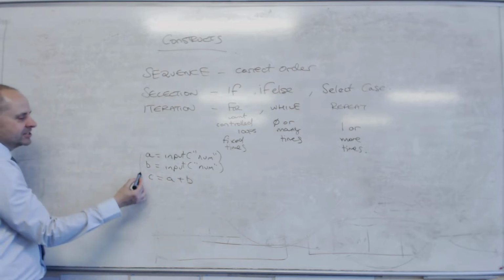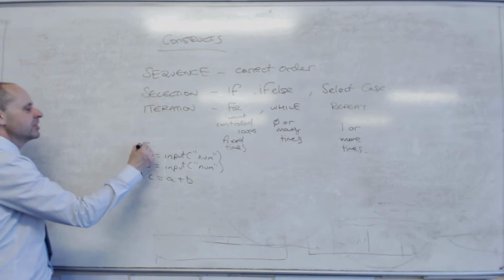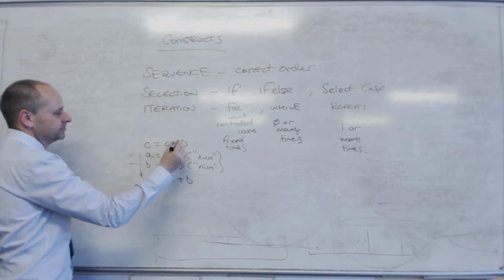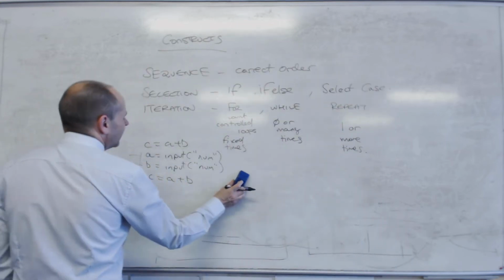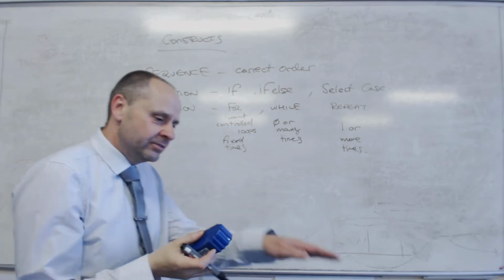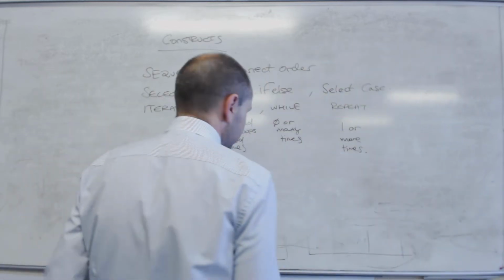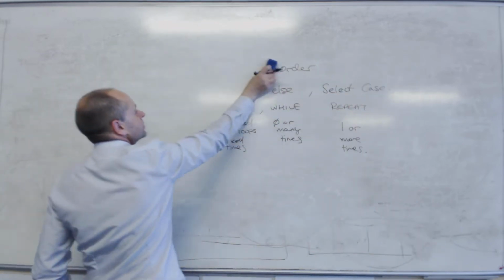The sequence has to be, we get the input first, then we can do the calculation. It's no good doing it the other way round. That would be logically wrong. It's difficult to identify sequence because everything's sequence. But selection and iteration, they'll expect you to be able to pick that up. So let's have a couple of examples of some selection statements.